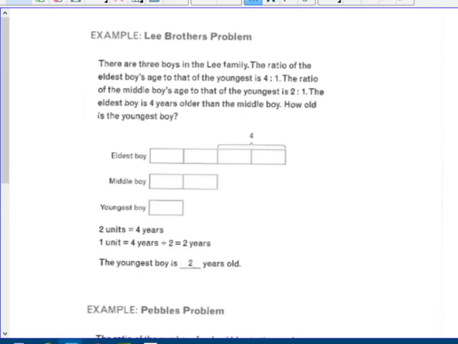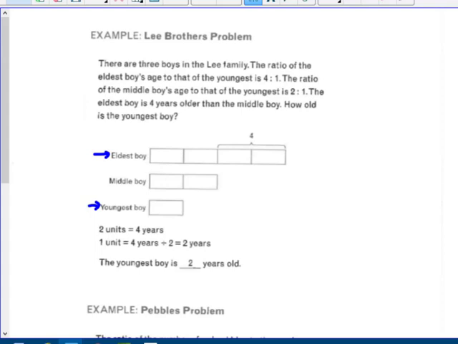Next page. The Lee brothers problem. There are 3 boys in the Lee family. The ratio of the eldest boy's age to the youngest, so eldest boy here has 4 bars, to the youngest is 4 to 1. The ratio of the middle boy's age to that of the youngest is 2 to 1, so he has 2 bars.